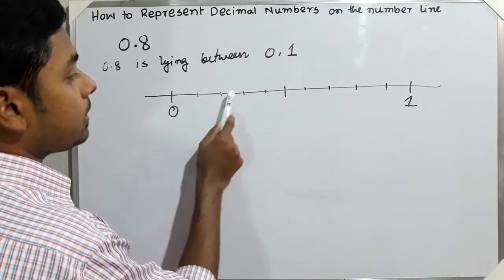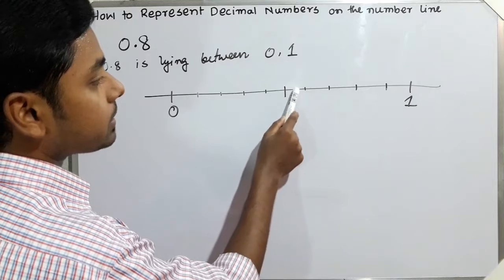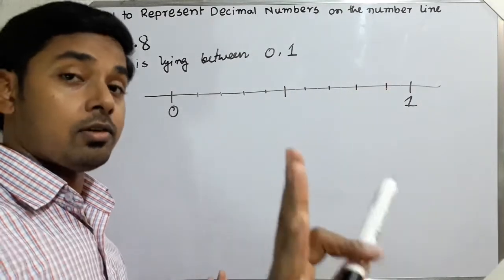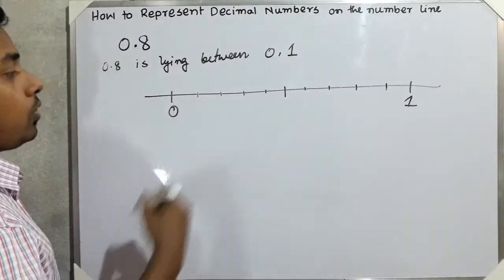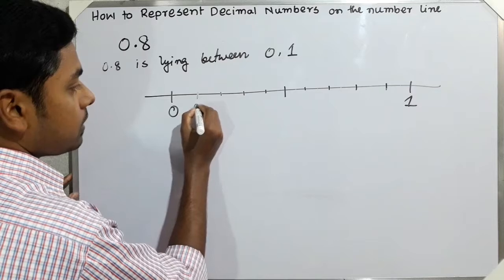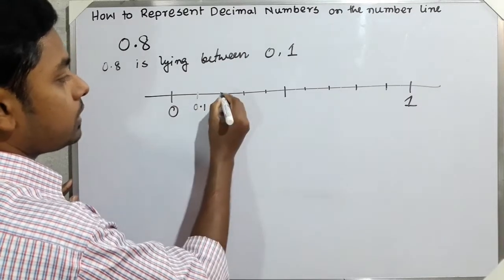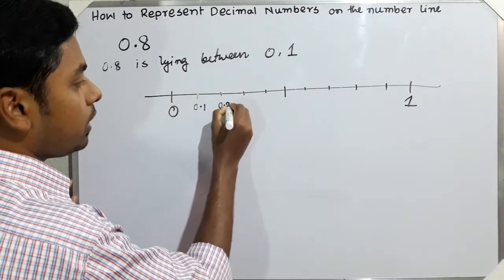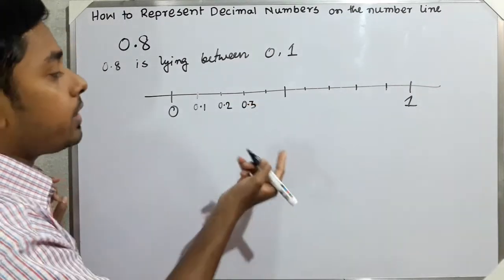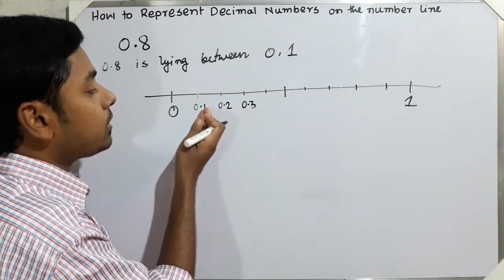First, second, third, fourth, fifth, sixth, seventh, 8, 9, 10 pieces. 10 parts also. Okay? Now name of the first part. This one will be what? 0.1. This one will be what? 0.2. This one 0.3.